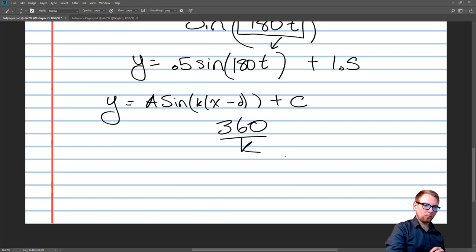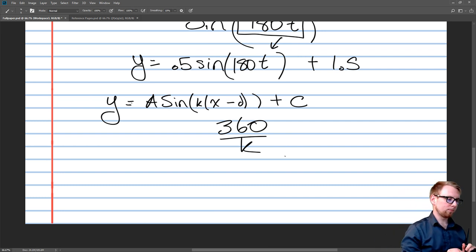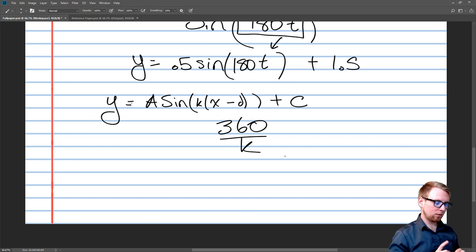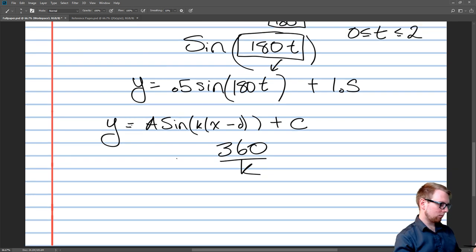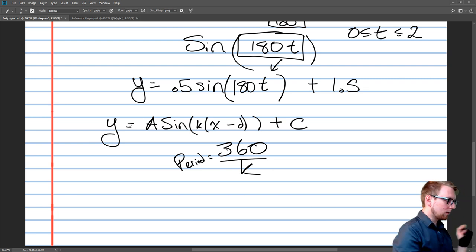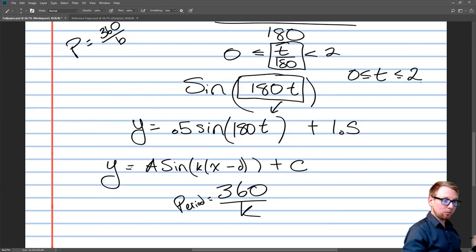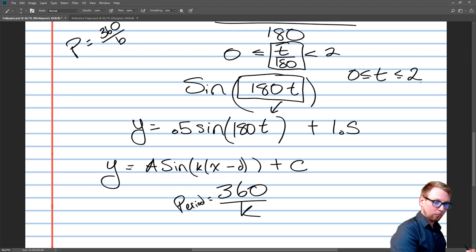Okay. So remember that the period in this function is 360 divided by k, right? That's what you have to do to get it. You change it to be like that. Since our period is between 0 and 2, we need to find out what our k is.